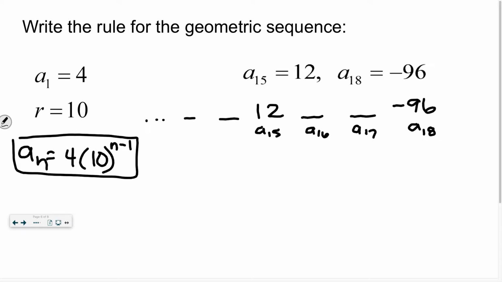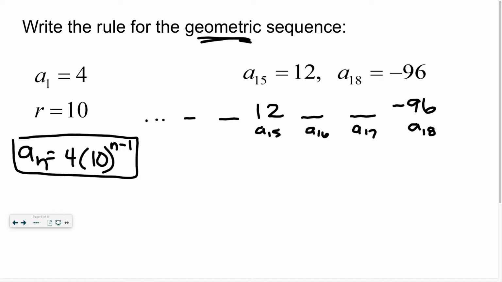Let's talk about, we know it's geometric, right? I'm telling you up here it's geometric. So what's special about a geometric sequence? It has what? A common ratio, right? If I give you two terms like this, we did one example like this in our notes on Tuesday.